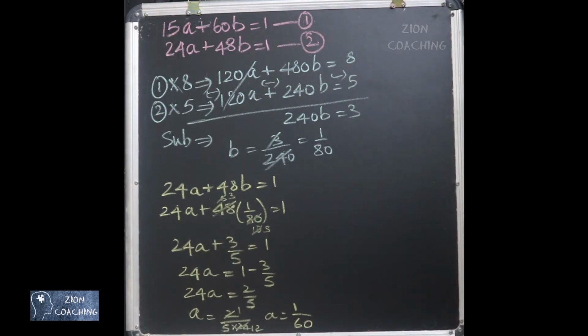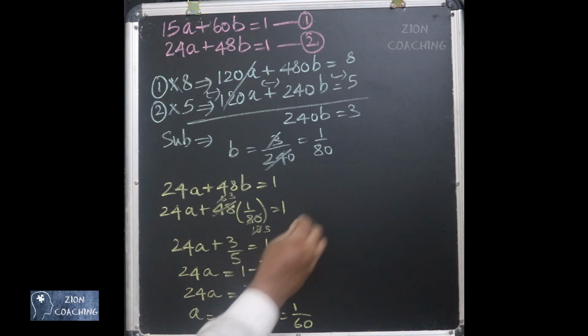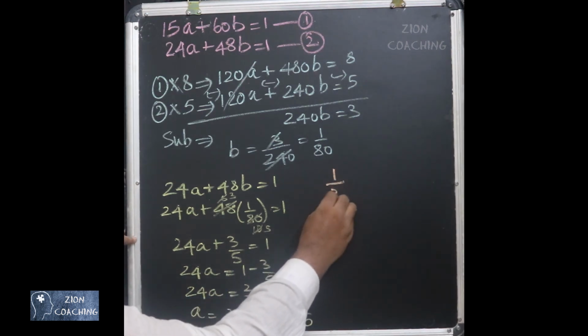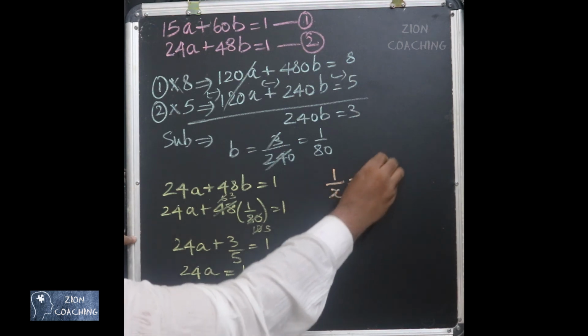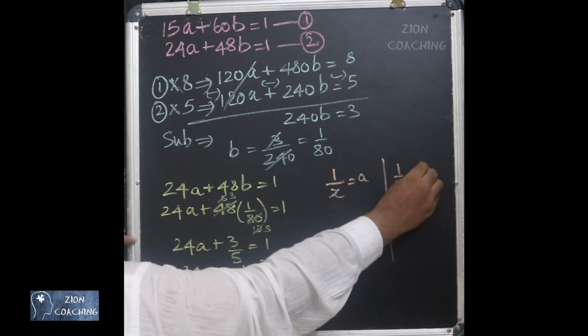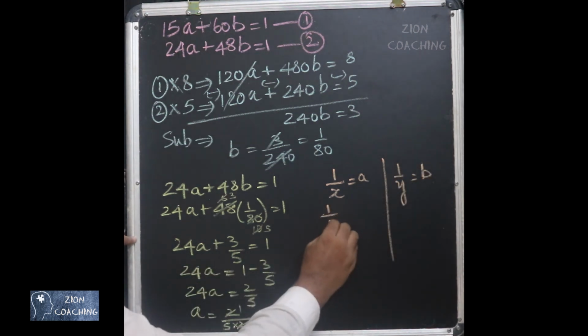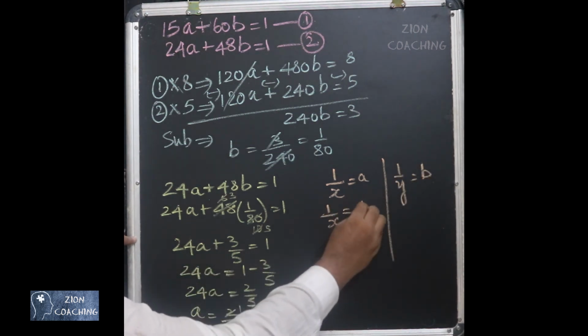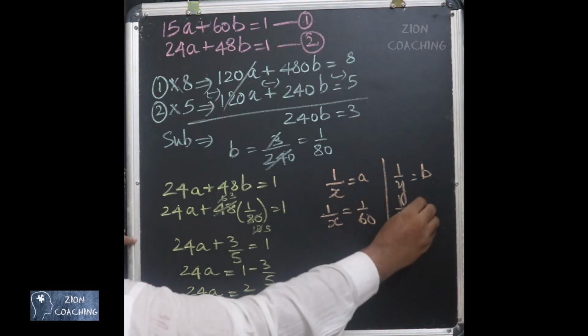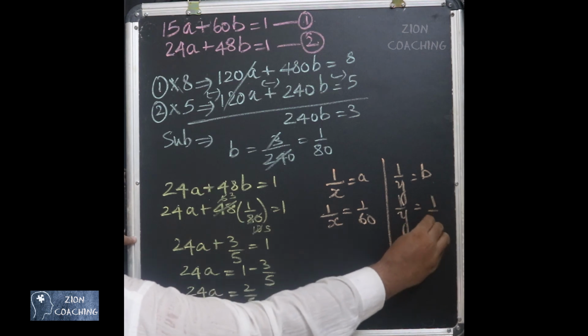Now we have found both a value and b value. We are going to substitute. We initially started by telling 1 by x is equal to a and 1 by y is equal to b. Now 1 by x is equal to your a value, that is 1 by 60, and 1 by y is equal to your b value, that is 1 by 80.